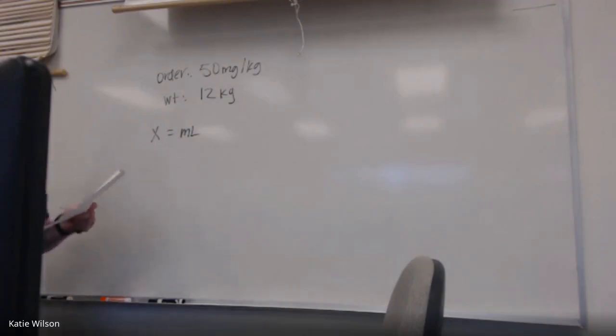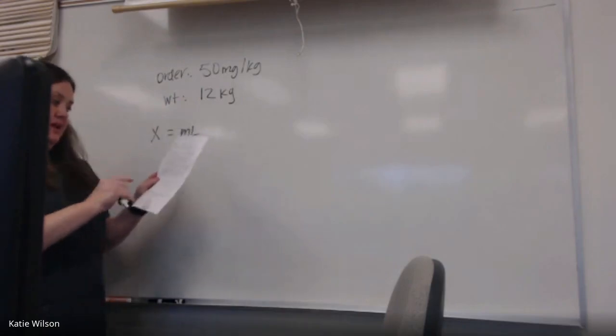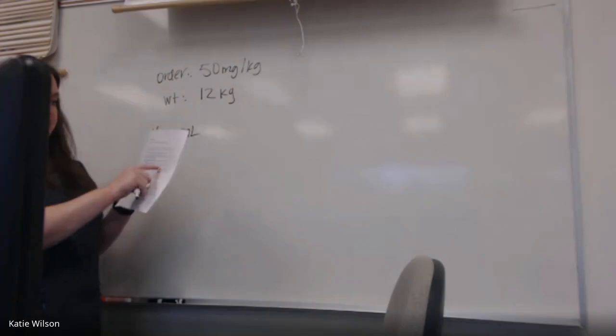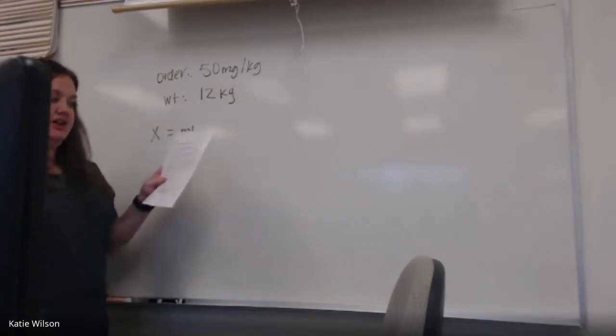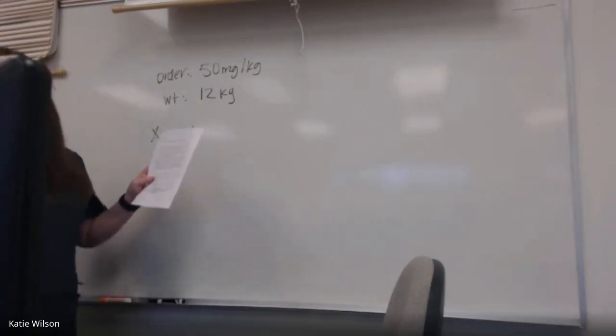So we look on that label, and about the middle of the right-hand side it tells us that if we mix it with 1 milliliter, that gives us a concentration of 350 milligrams per milliliter.